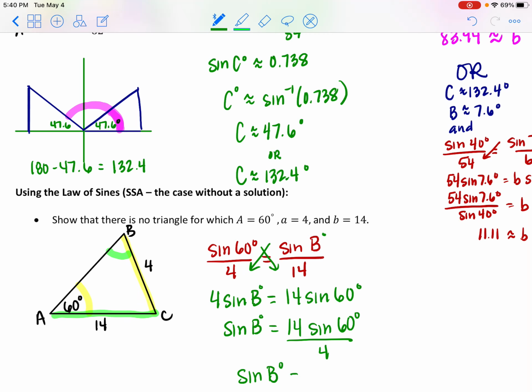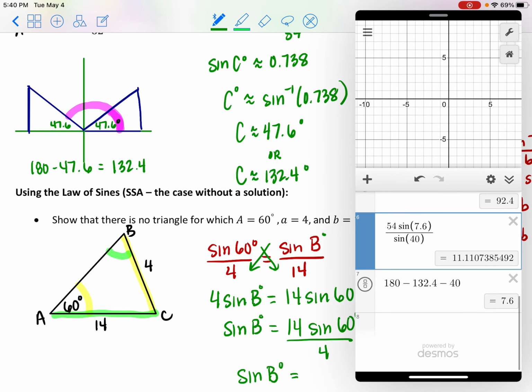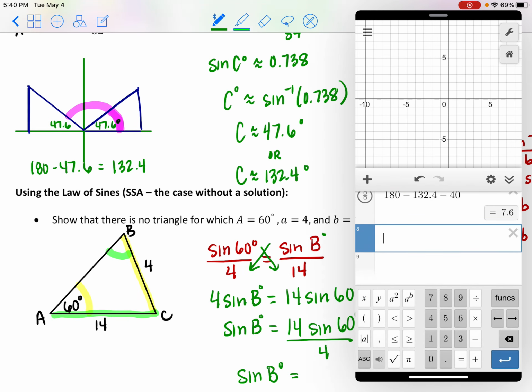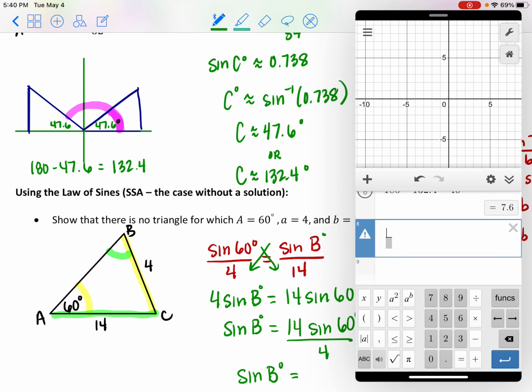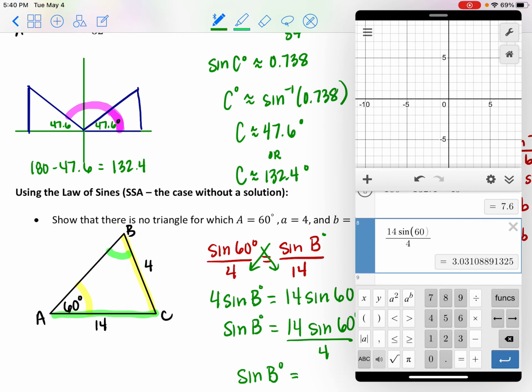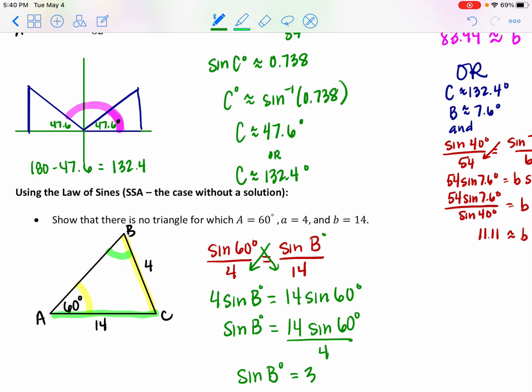So let's do that. This is where we're going to know that we have an issue. Well, we have to recognize that we have an issue. All right, so 14 times the sine of 60 degrees divided by 4 ends up being approximately 3.03.